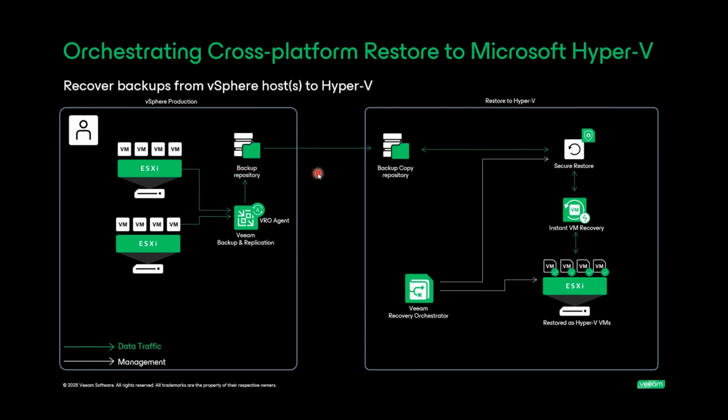We can then use a backup copy job to send another copy of our backups to the DR site, and then we will be able to use VRO to orchestrate that restore, of course applying secure restore scans and using technologies such as instant VM recovery to have lower RTOs.